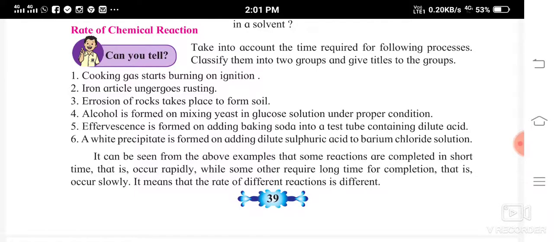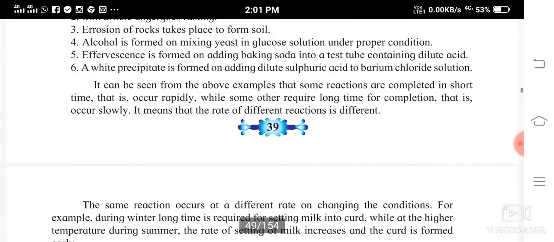Yes, of course, this takes place fast. Effervescence is formed on adding baking soda into a test tube containing dilute acid. This also takes place fast. A white precipitate is formed on adding dilute sulfuric acid to barium chloride solution. So this reaction is also fast. Means this requires a short time.